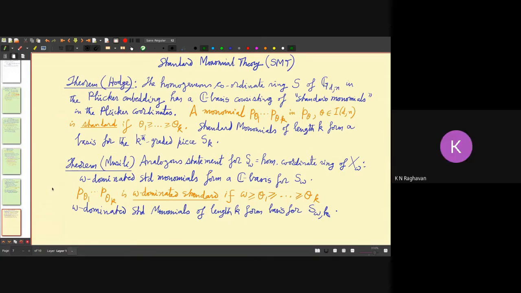Okay. And there is also for not just the Grassmannian, but for others as well. So what Lakshmibai and Seshadri give is a way to compute the Zariski tangent space at any given point.